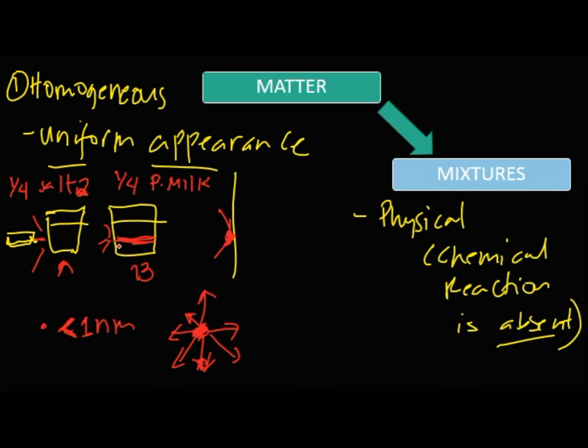So all of the particles reflect. That's why you are able to see this. If you can see this, that means the mixture can be considered heterogeneous, maybe because the particles are more than 1,000 nanometers. So this is one of the good ways to test whether a material is really homogeneous or not. That is just an example.